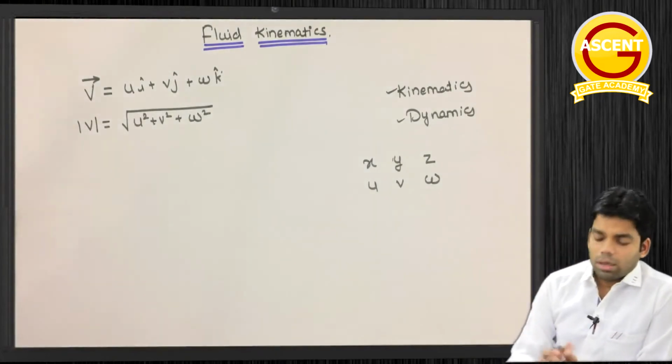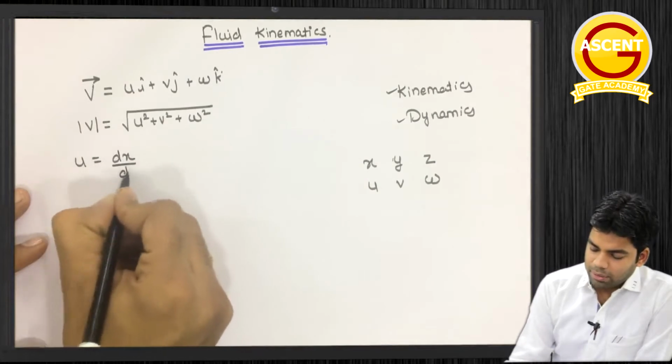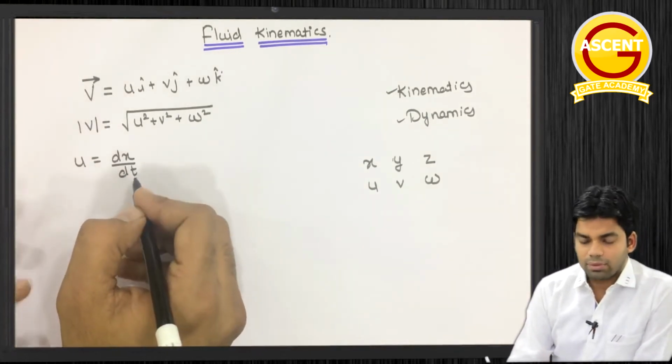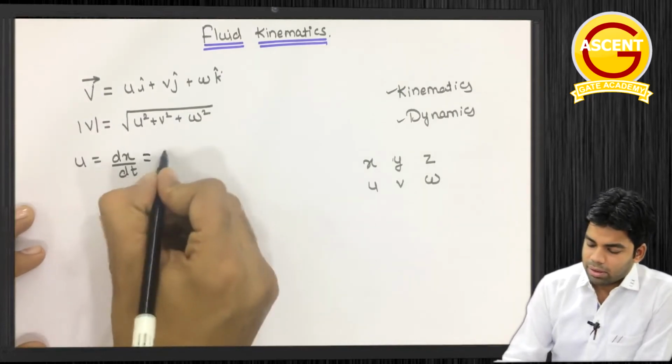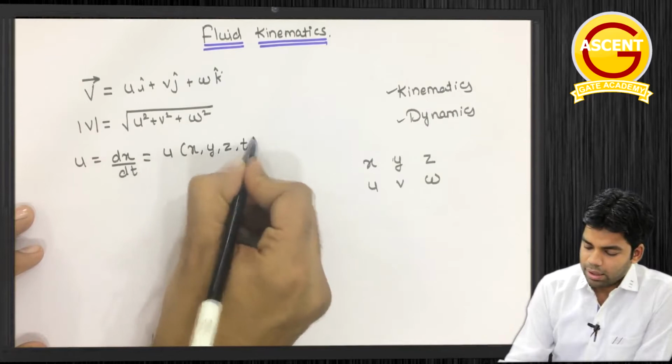Now what is this u here? This u is nothing but dx by dt, the change in position along the x axis with respect to time, and u is a function of x, y, z and t.